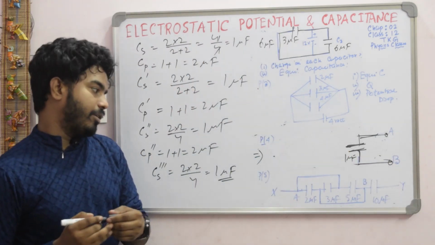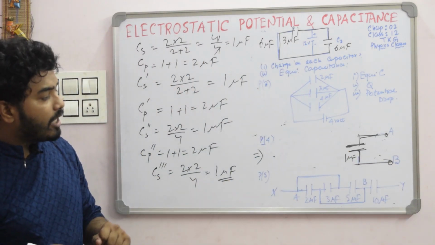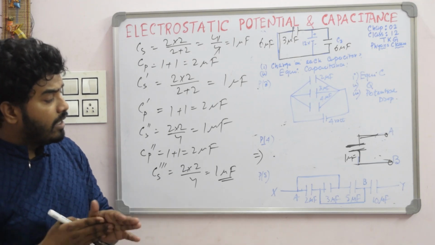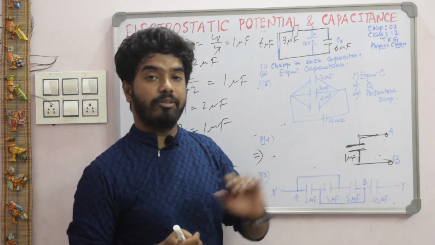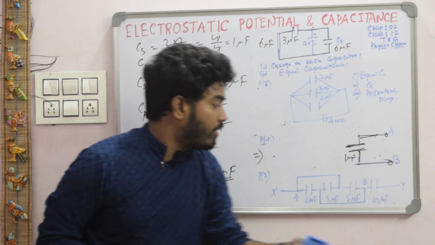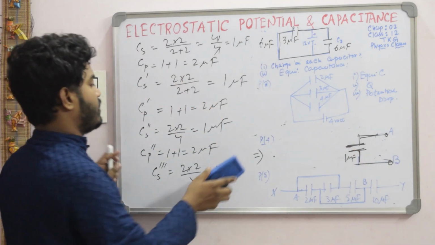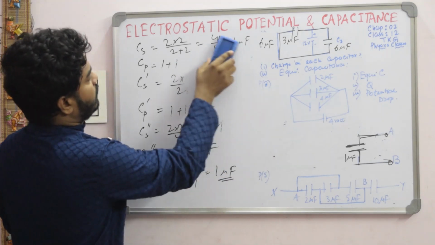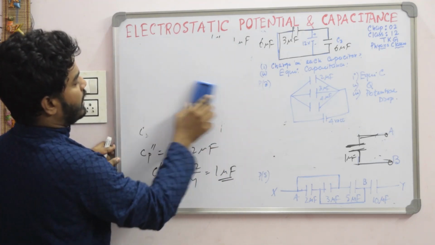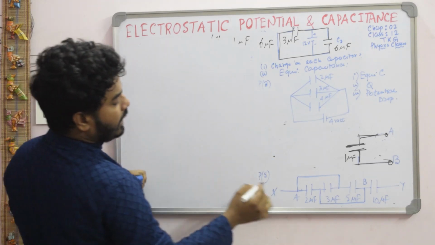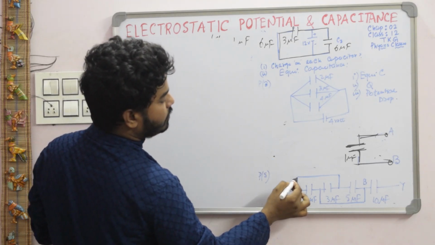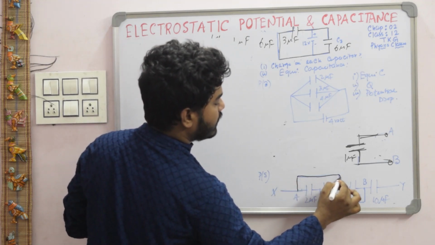Okay. Now problem 5. Another circuit is given, and you have to find the equivalent capacitance between X and Y. First of all, you have to simplify the circuit, then solve one by one. So here, from A there is a wire which is connected at this point.